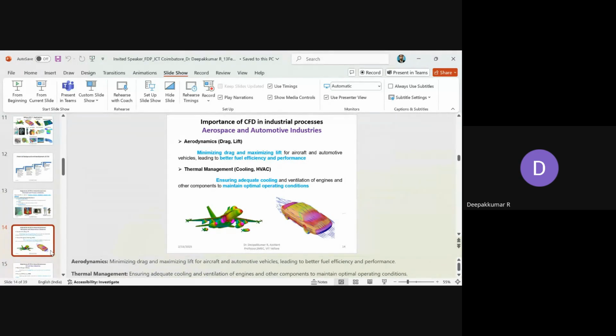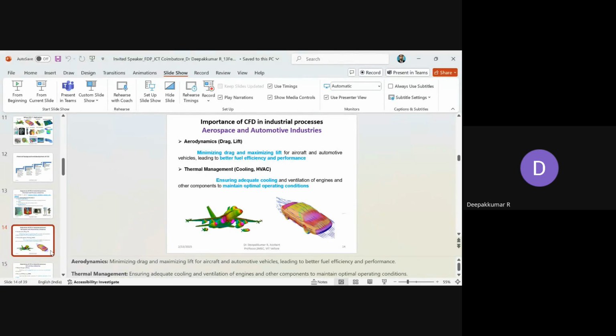So, efficient design: suppose you have a better design for aircraft wings or any active or passive control of lift. Lift is nothing but the upward force acting on the body when the vehicle moves in a horizontal maneuver. That is the lift force, and it is a very important factor in aircraft design.